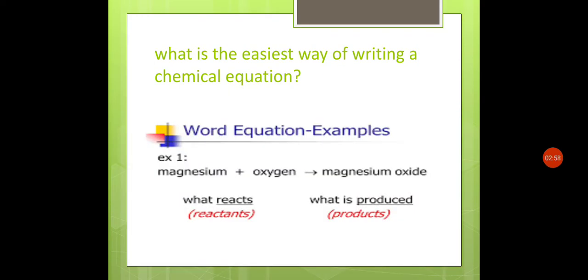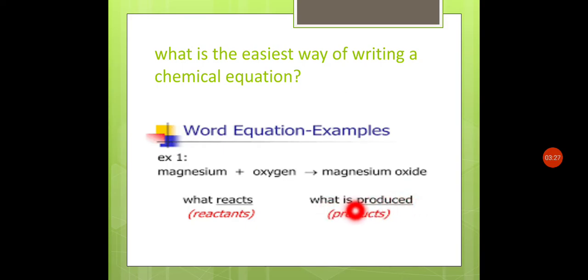What is the easiest way of writing a chemical equation? The easiest way of writing a chemical equation is a word equation. So here magnesium and oxygen are the reactants, which are used in chemical reactions, and the products are the outcomes of the reactions.